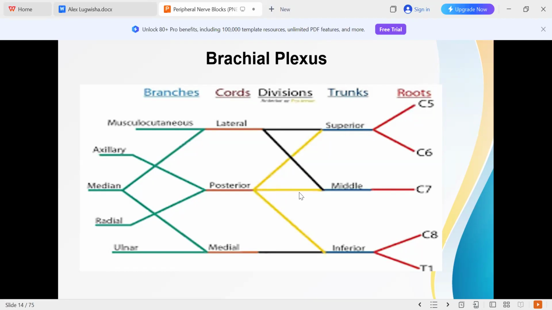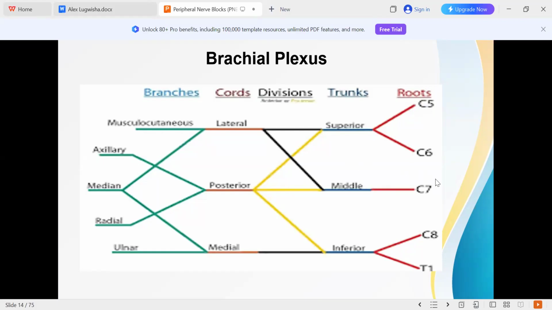The posterior cord is formed by the combination of the posterior divisions of the three trunks, and the medial cord is a continuation of the anterior division of the inferior trunk. We have five terminal branches: the musculocutaneous, axillary, median, radial, and ulnar. Understanding this is important because you can target the root, trunk, division, cord, and branches in your brachial plexus block.